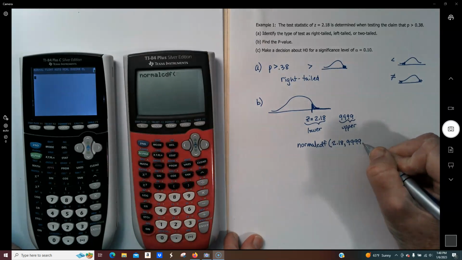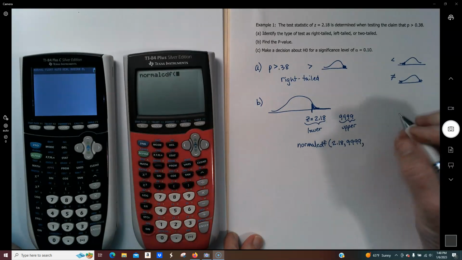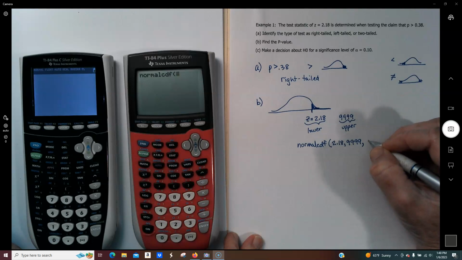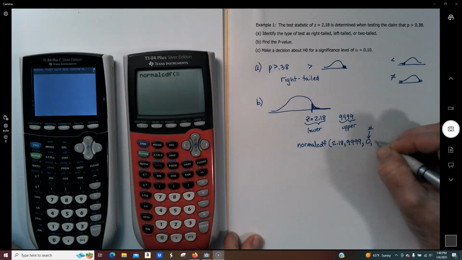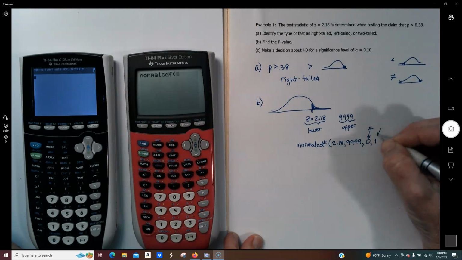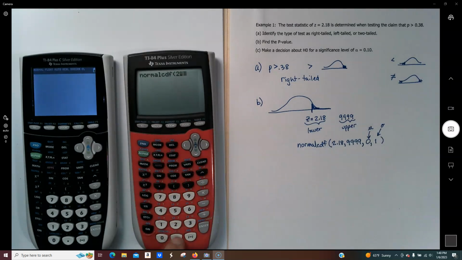You don't need to type it in, but you can put in the default values of the mean of 0, that's mu, the mean, and the standard deviation of 1. So 2.18, the comma is above the 7, 99.99, comma, 0, comma, 1. Press enter.